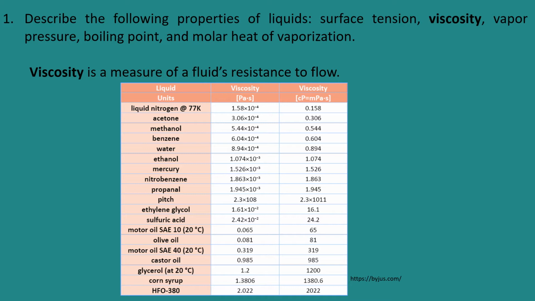So we have the common liquids like acetone, then we have water, ethanol, mercury, nitrobenzene. As you go down the table here, for example, let's focus on the motor oil.